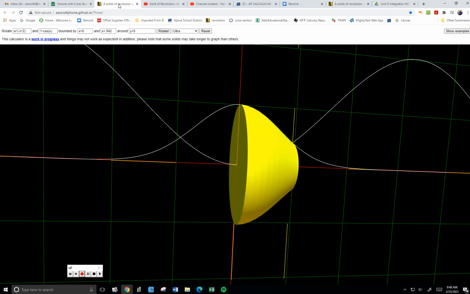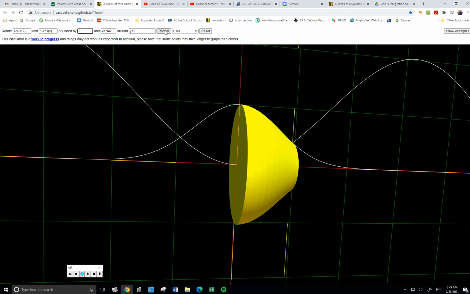Here we go. So the region there is pretty similar, fair? All I have to do is change the rotational axis. Let me do that real quick. Answer David's question. Okay, so notice.